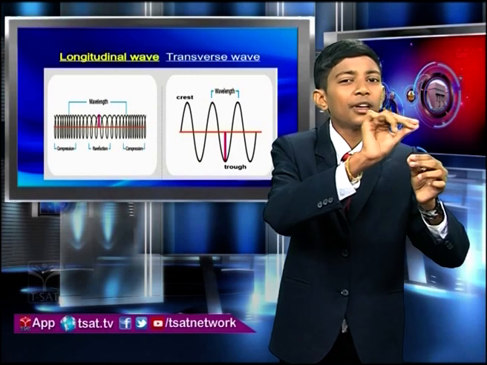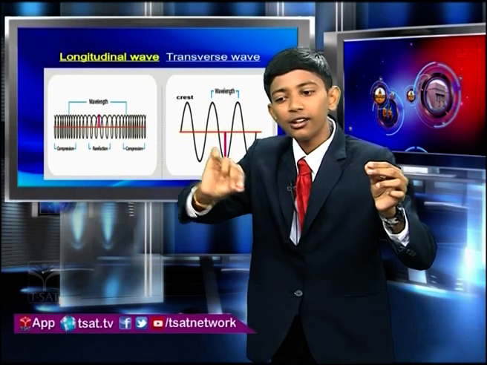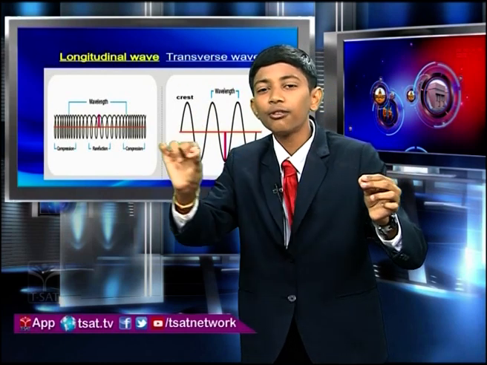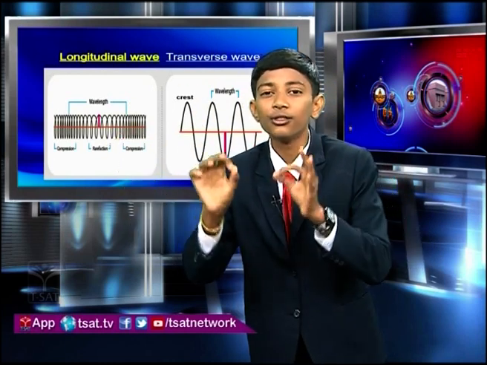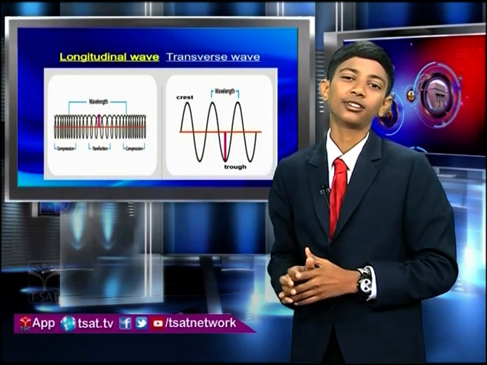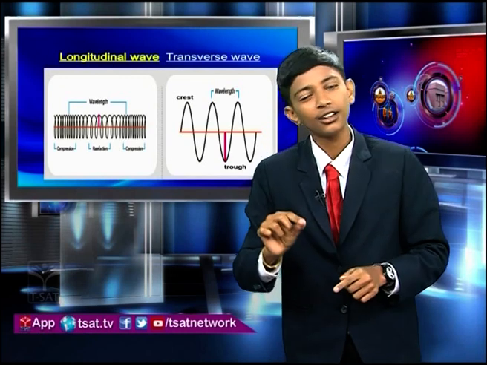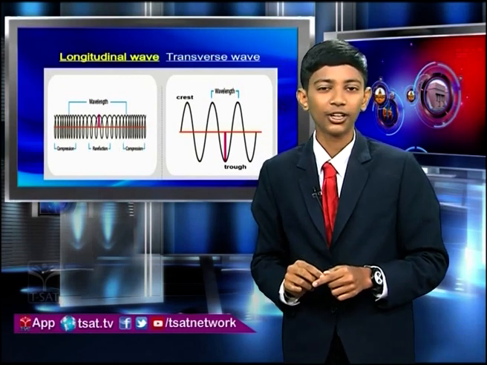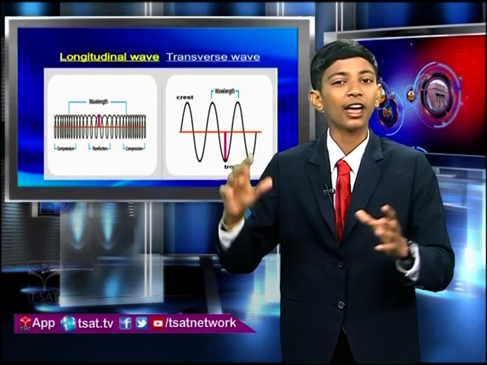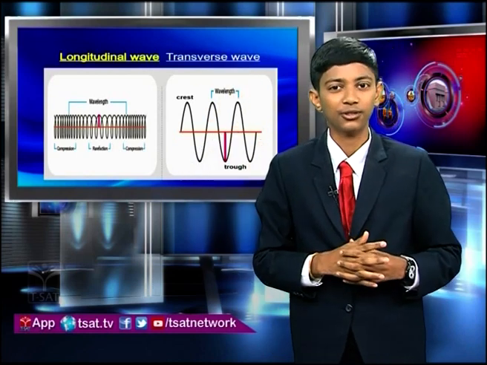But if the particles of the wave move perpendicular to the direction of wave propagation, then those waves are called transverse waves. In transverse waves, crests and troughs are formed. So longitudinal waves and transverse waves are the two types of waves.